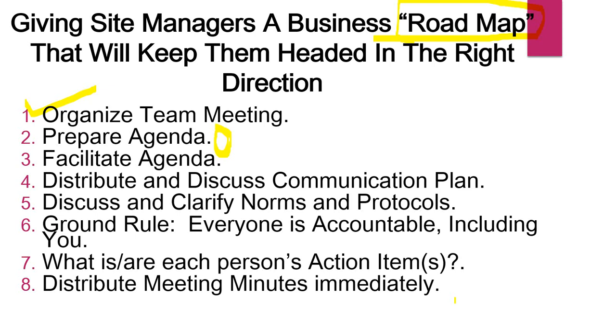Distribute what output came from that meeting, what we discussed, what is going to happen, how to execute, how to plan. You should do it immediately. That is known as distributing meeting minutes immediately.